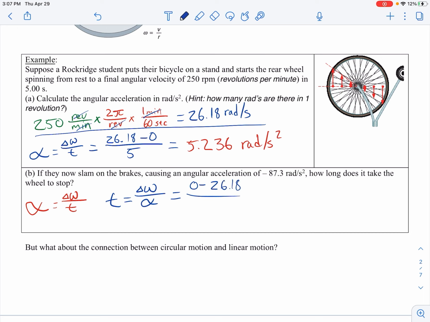We're basically reversing because now our final velocity is our initial, and we're coming to a stop. Our angular acceleration is negative. So notice that these should cancel out because time should be an absolute number. It should always be positive. Time cannot be negative in this sense. That's pretty easy, right? This just becomes 0.3 seconds.